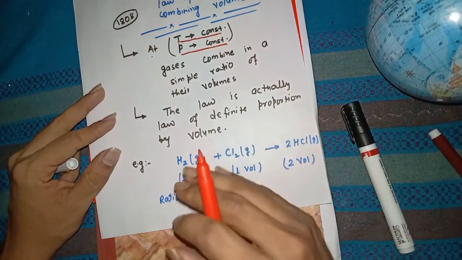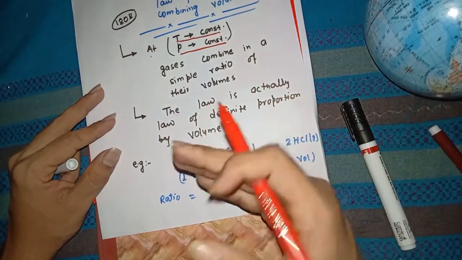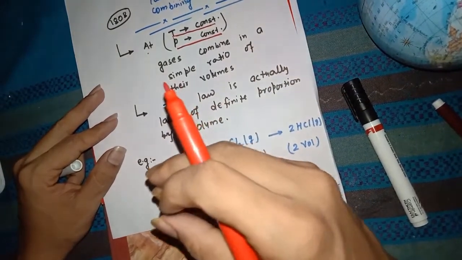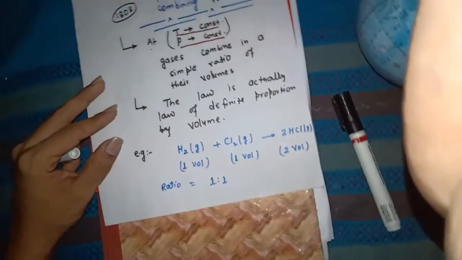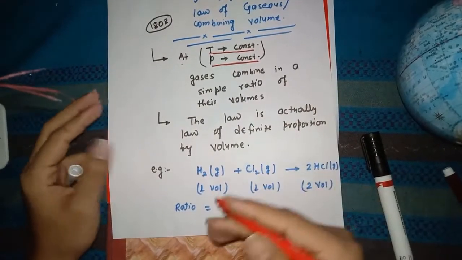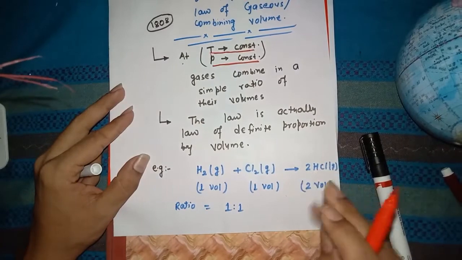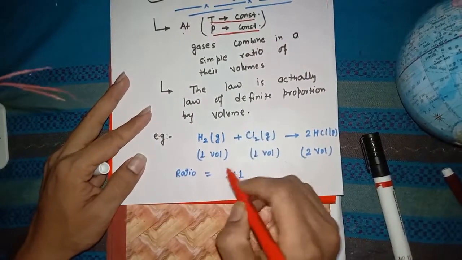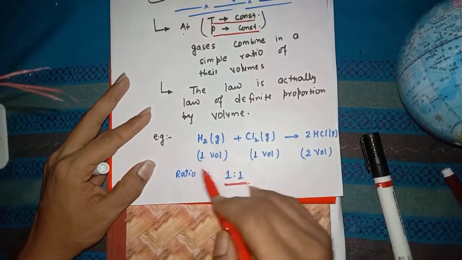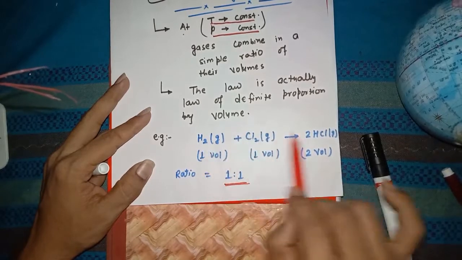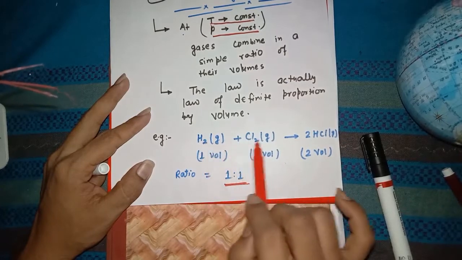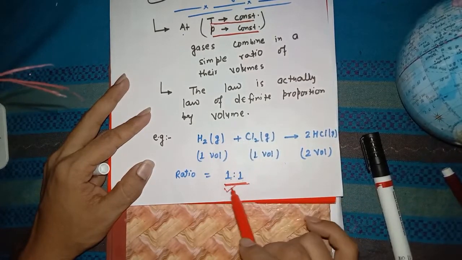If I react sodium and chlorine, then sodium must be in the gaseous form, not in solid or liquid form. So this law is valid when we take all these species in gaseous form. You have to see the ratio is 1:1:2, because if you balance it, one volume plus one volume becomes two volumes. The ratio between the reactant species is 1:1. This is a simple whole number ratio.